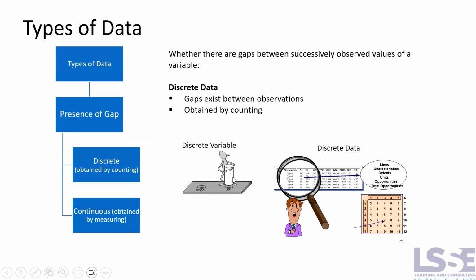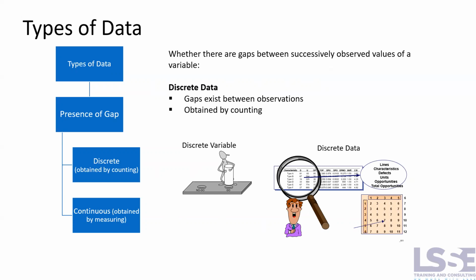Now let's look at types of data in terms of the presence of gap. So a discrete data is one where a gap exists between observations. Normally these are data that are counted. So for example, number of scratches in a car.